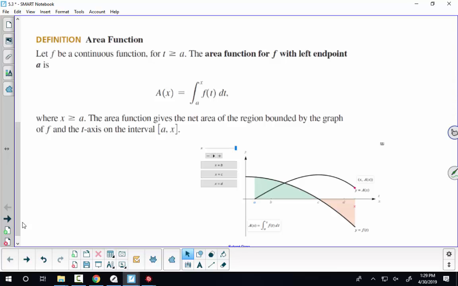So notice it is a function of x, where that x is this upper limit right here. So this is where our input goes. Anything that gets plugged into the area function gets plugged in as a value of that upper limit, and only that upper limit.